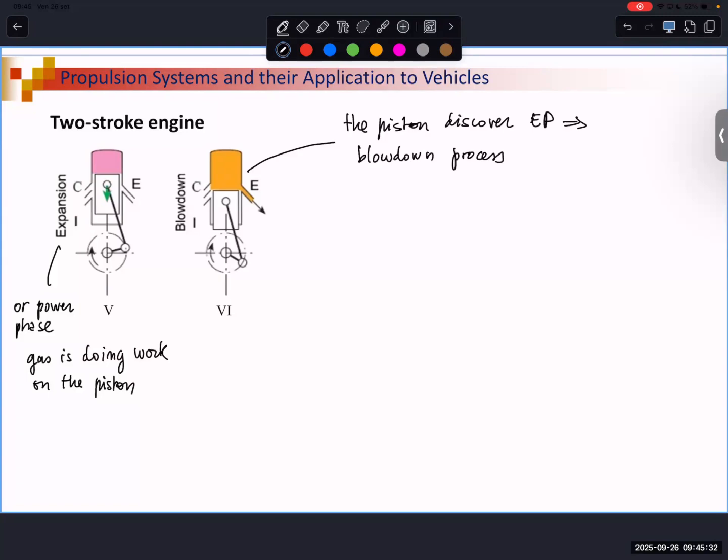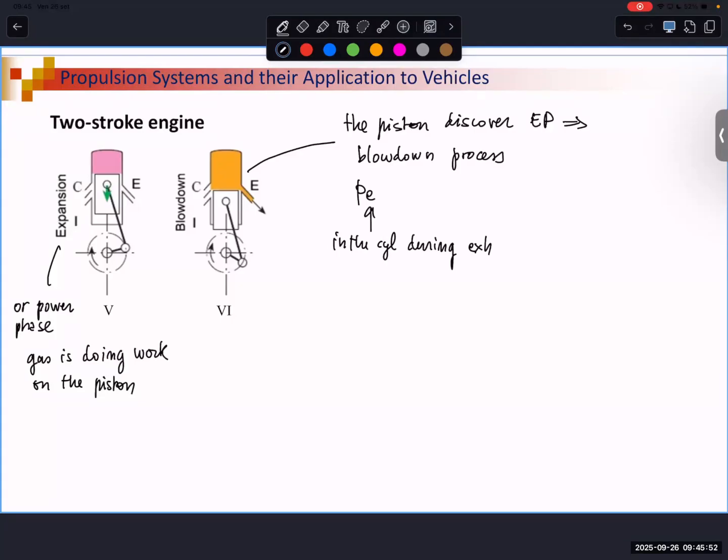The pressure in the cylinder is higher than the ambient pressure. So in the cylinder during exhaust, sometimes I will write G to mean gases.